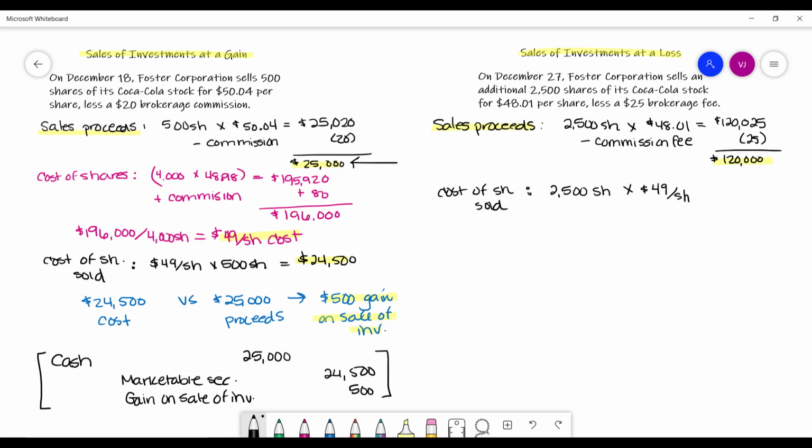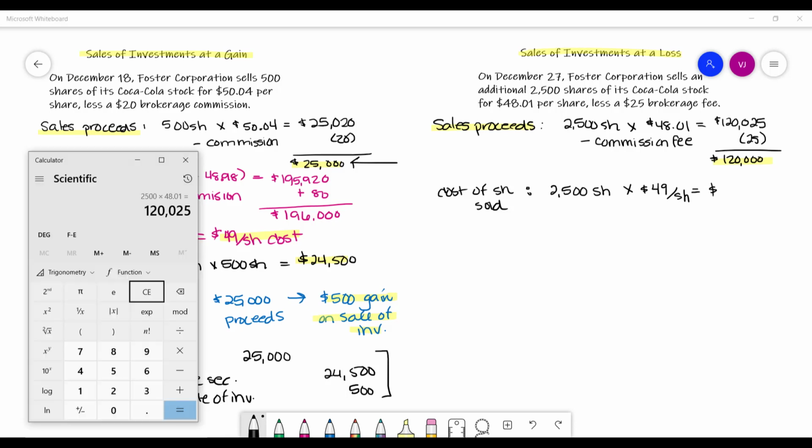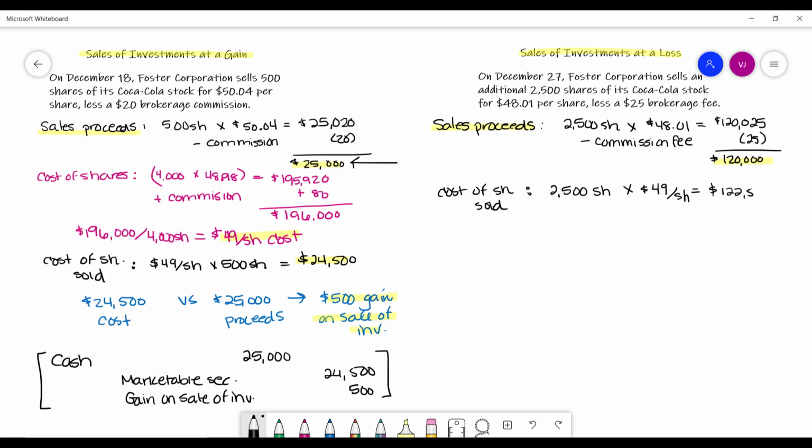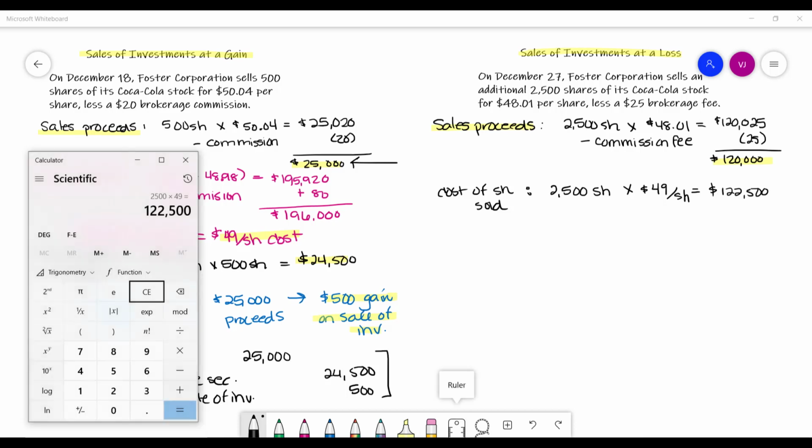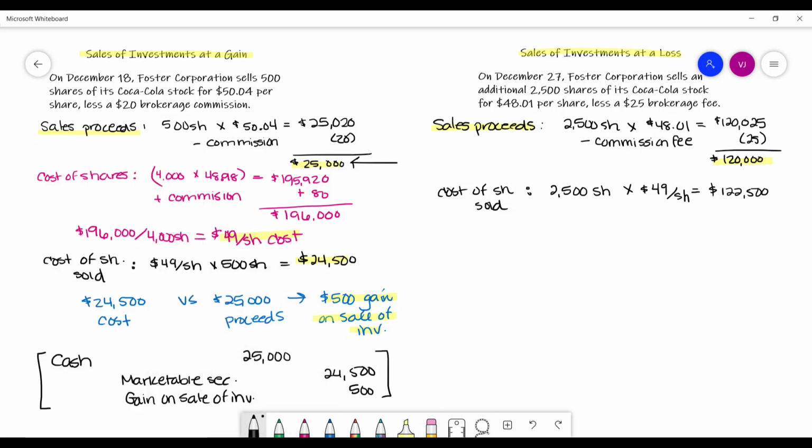So let's see what the original cost is of those shares. Those shares originally cost Foster Corporation $122,500. So that's the cost of those 2,500 shares, but we only ended up receiving now $120,000 for them. So we ended up selling them for an amount less than what we actually ended up paying for them.